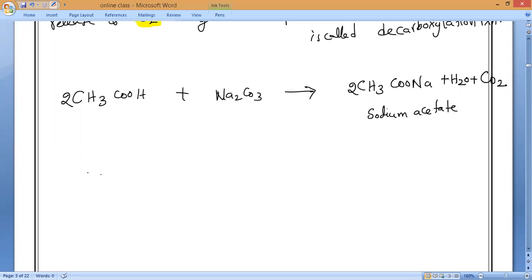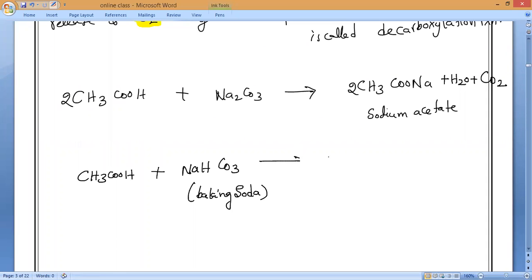Next, if it is reacting with sodium bicarbonate. What is an example of sodium bicarbonate, guys? Sodium hydrogen carbonate. Baking soda. Sodium bicarbonate, what is another name? Sodium hydrogen carbonate.